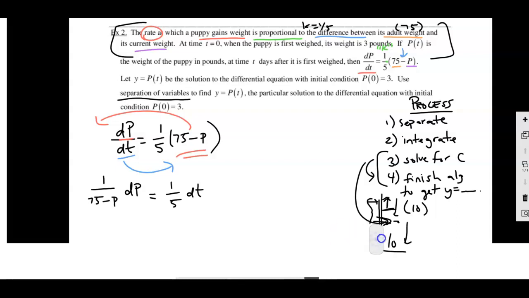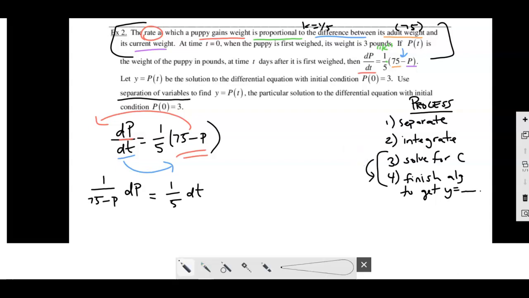But at some point in that algebra, you need to use your condition to solve for c and then plug it in. So really that step 3 happens within the step 4. We have all that algebra to finish. Separate first. At some point in the algebra, we're going to use the condition to solve for the c value. Okay, so that part's done.